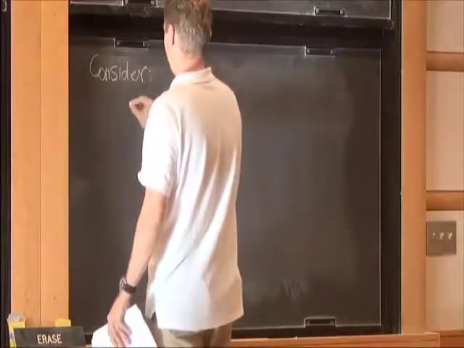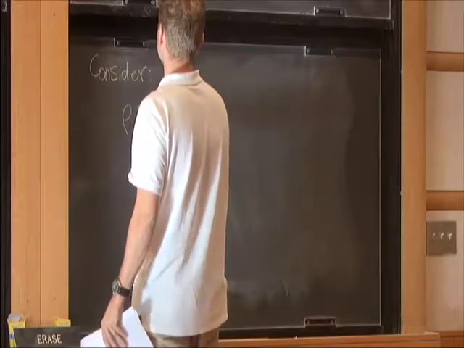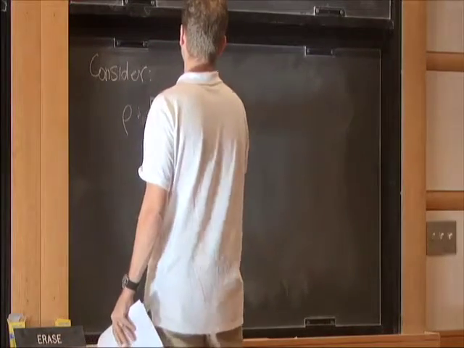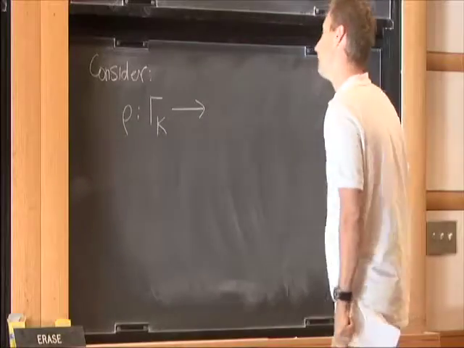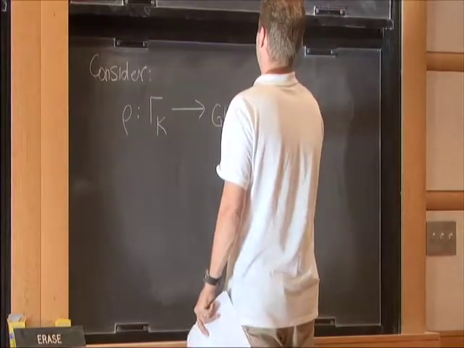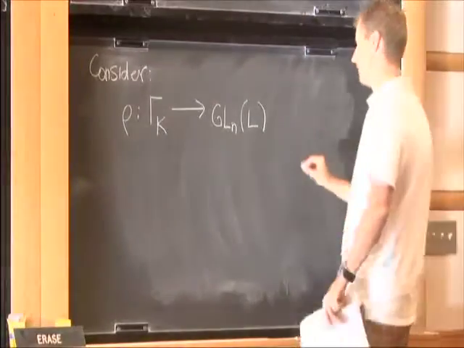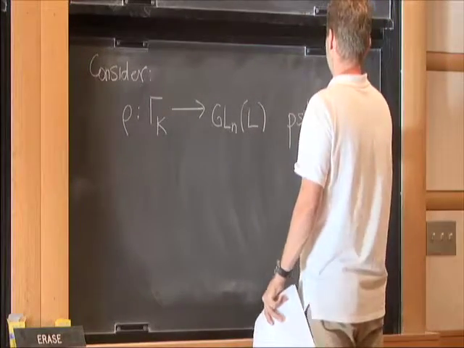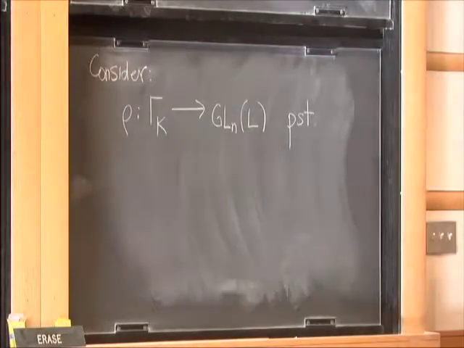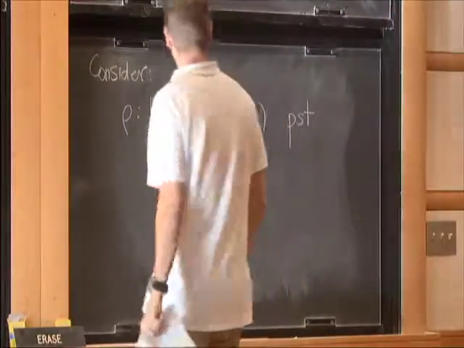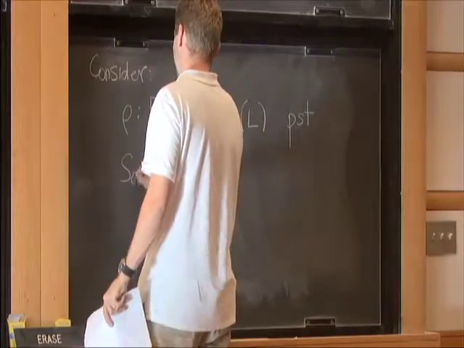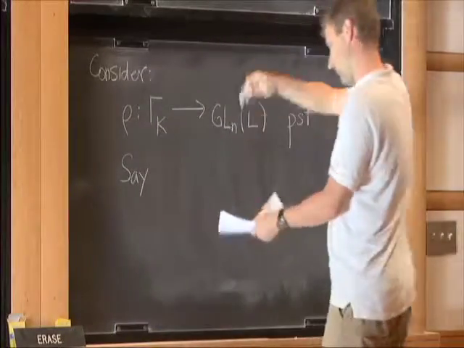So now you consider some rho, which is a representation of Gamma_K, L is large enough, and this is potentially semi-stable, and let's say it becomes semi-stable when we restrict it to some finite Galois extension.